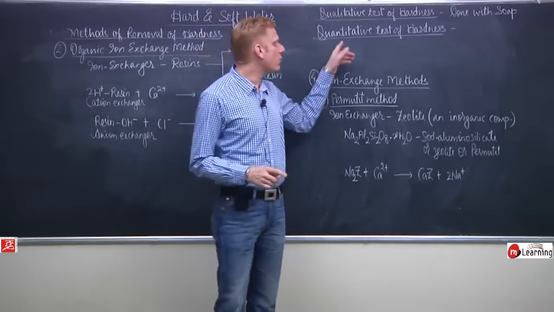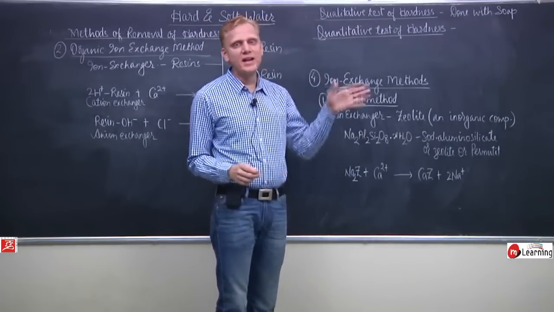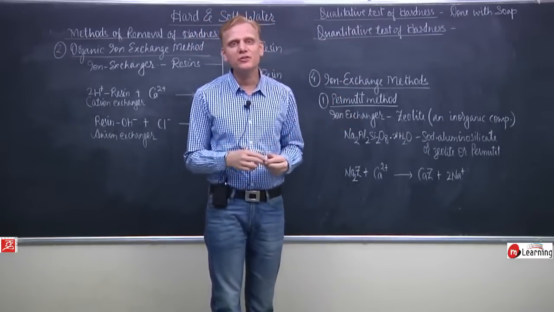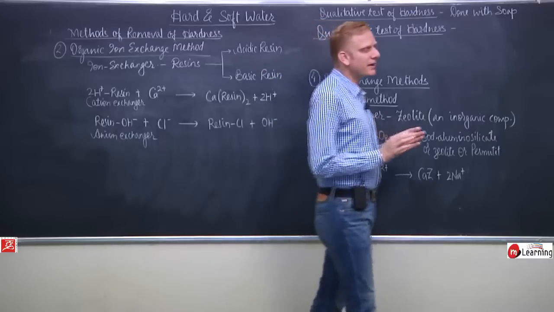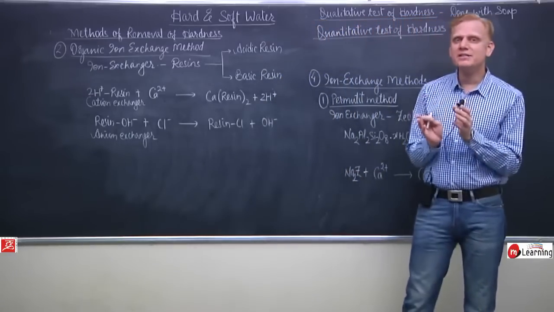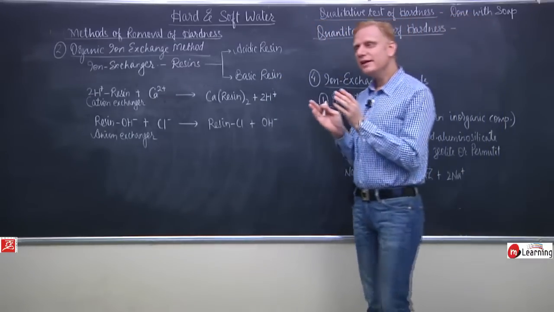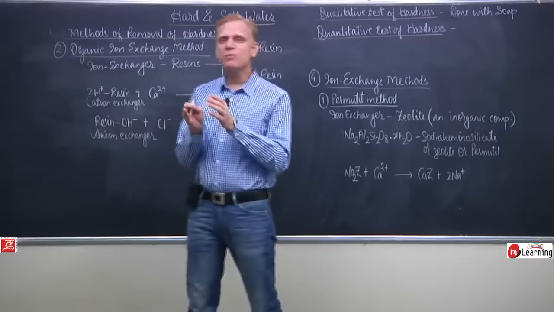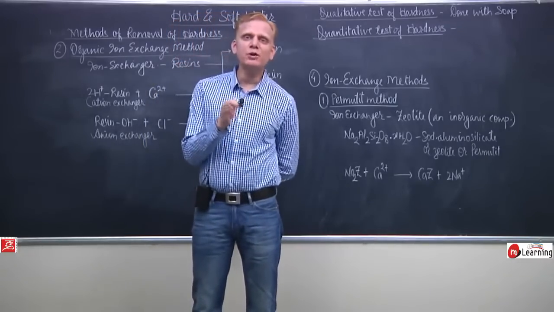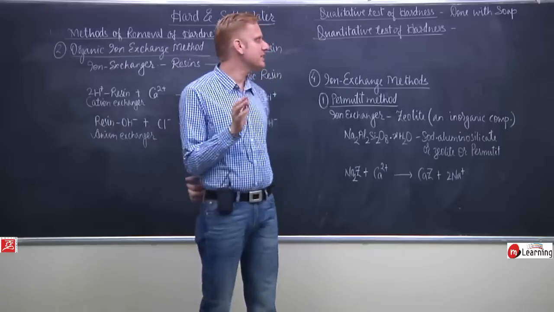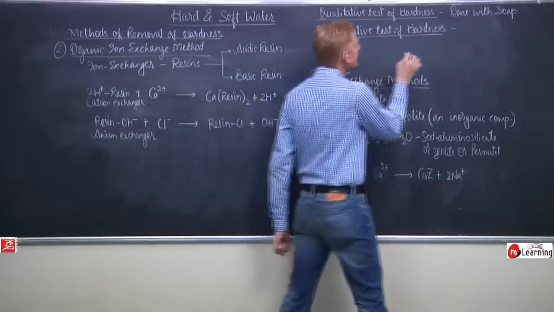When we talk about the quantitative estimation of hardness, one thing should be clear in our mind, that we have hardness in water in such a small quantity that the concentration of calcium or magnesium salt is expressed in parts per million.